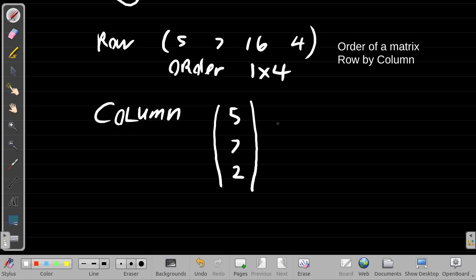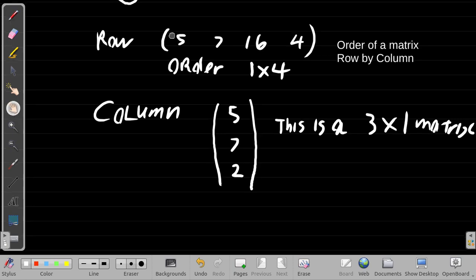And this is how much by how much? A 3 by 1 matrix. It is 3 rows by 1 column. That is the order of this matrix, and it's a column matrix because it has one column. You see that?